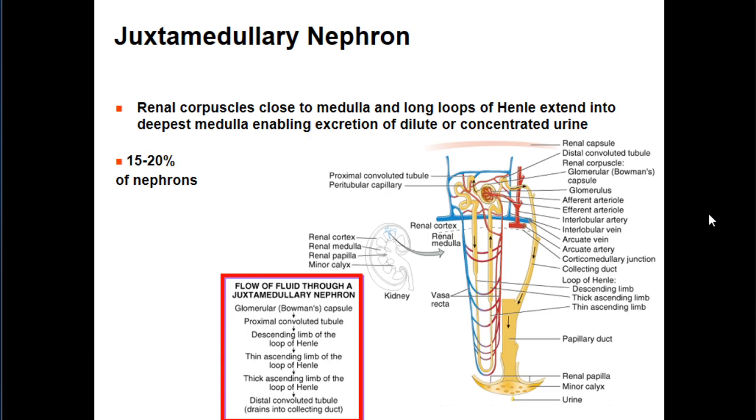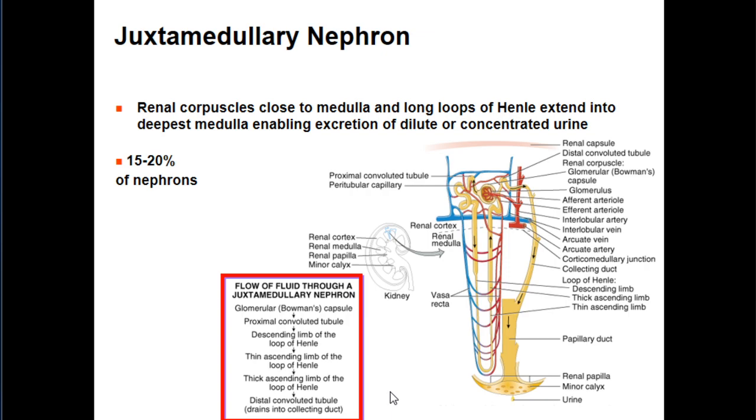Juxtamedullary nephrons. We have from 15 to 20% of these nephrons, and for them the renal corpuscle is located close to the medulla. These nephrons have long loops of Henle which extend deep into the medulla, enabling excretion of dilute or concentrated urine. And the flow of fluid through the juxtamedullary nephron is as follows.